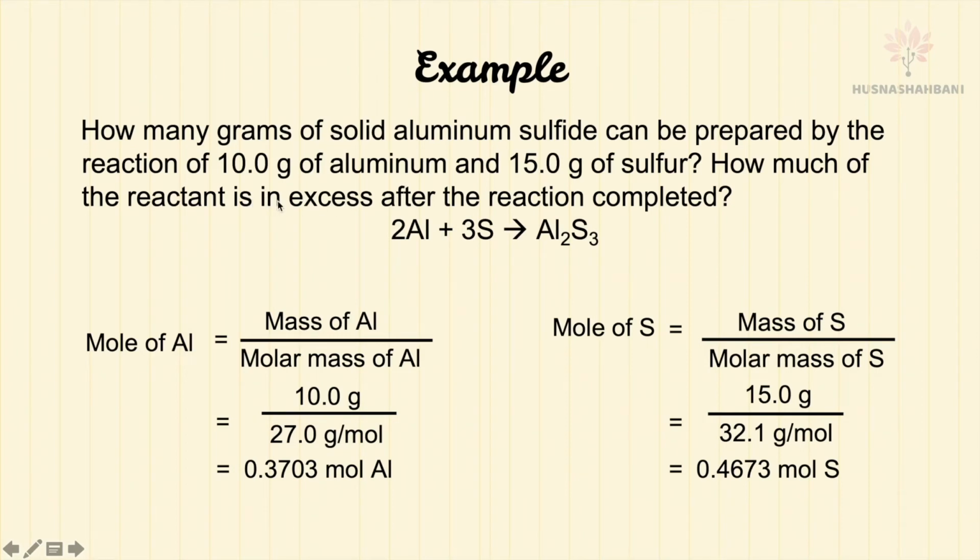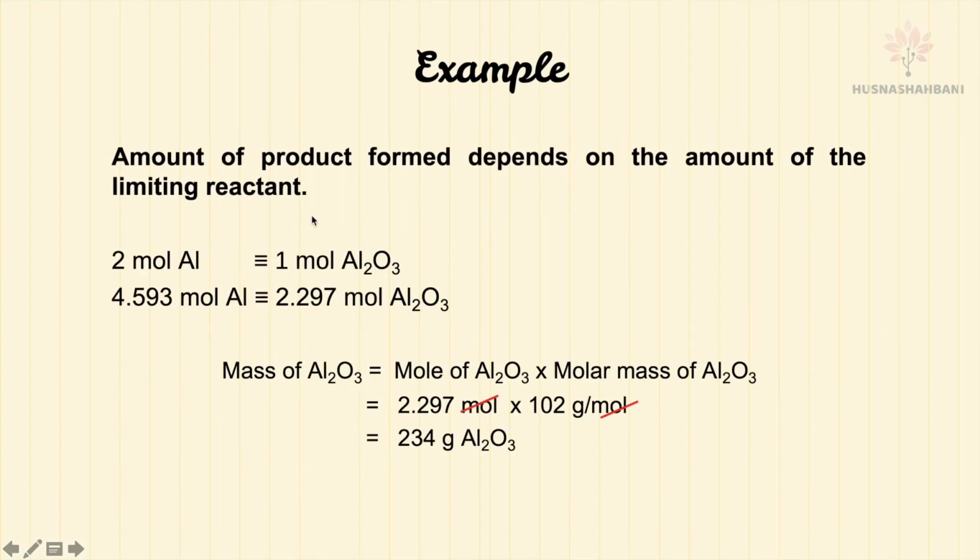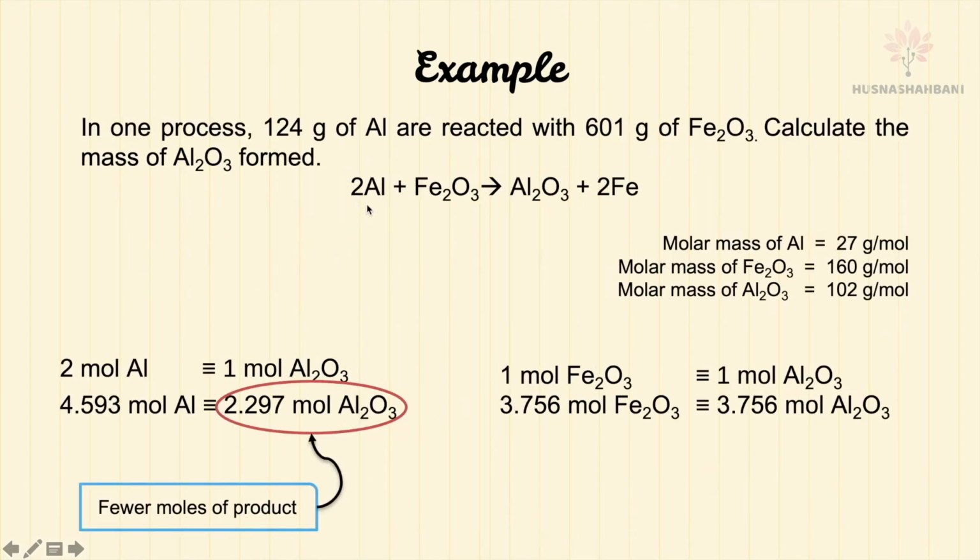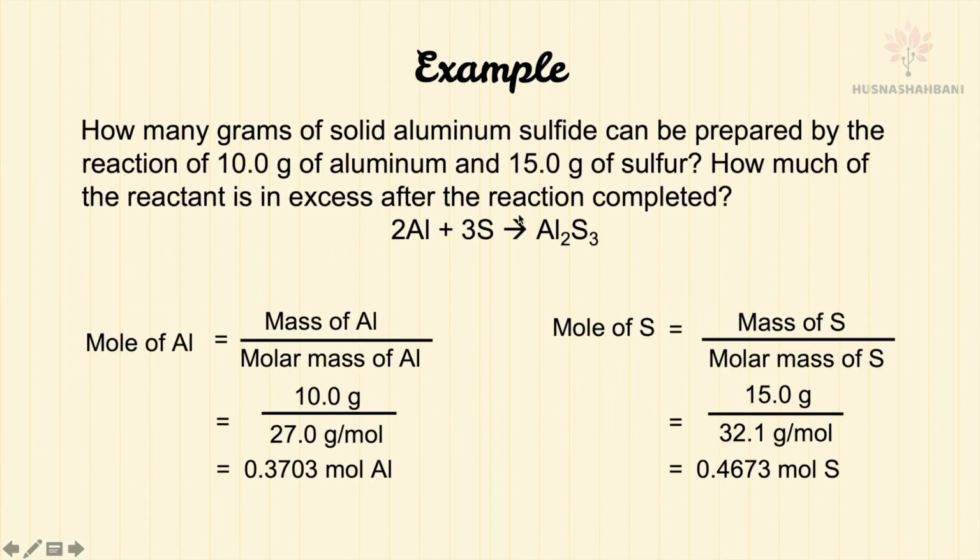Now we need to know the reactant in excess. The question previously asked for the mass of the product only. Now the question asks for the reactant in excess, which means the mass of the reactant in excess after the reaction completed.